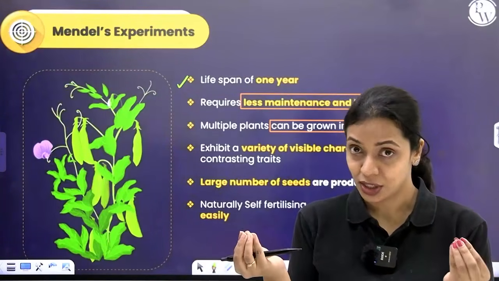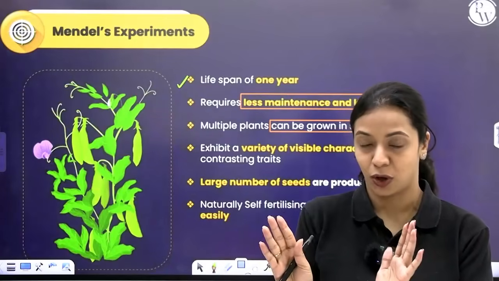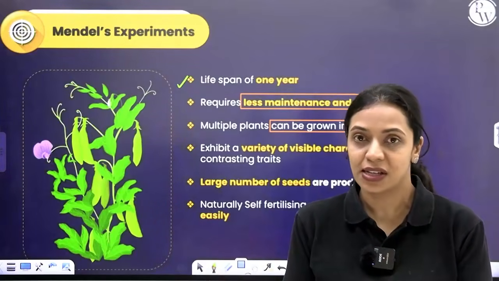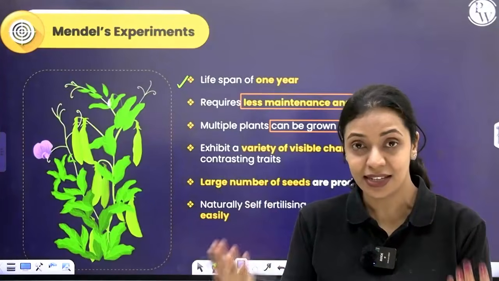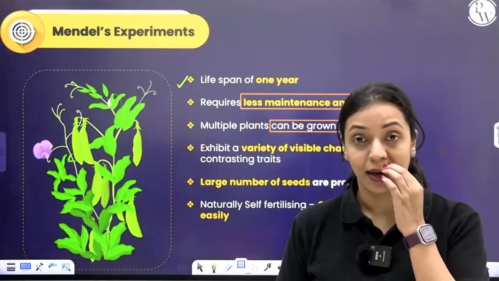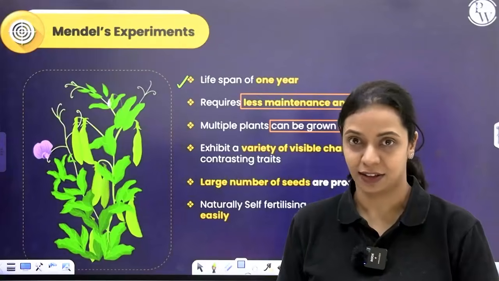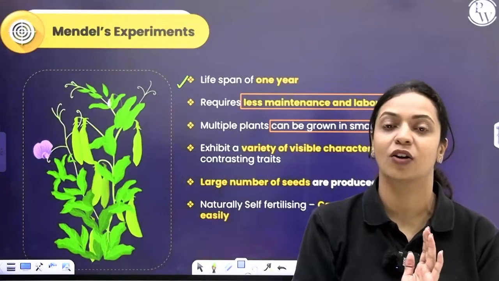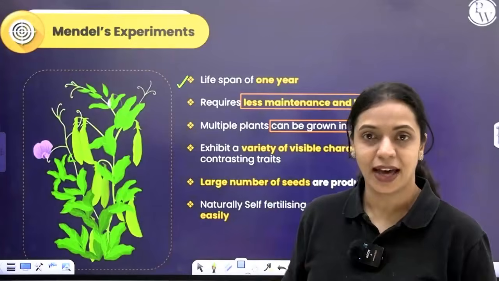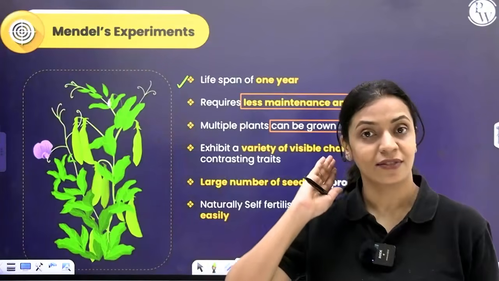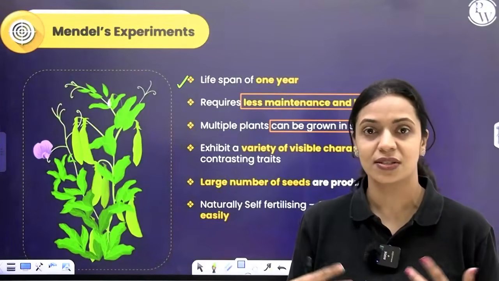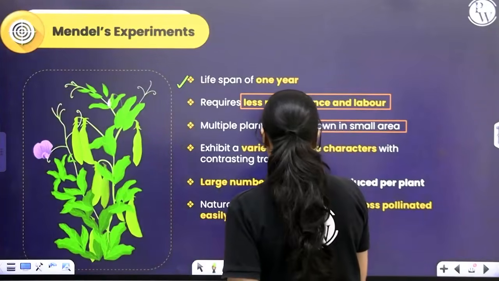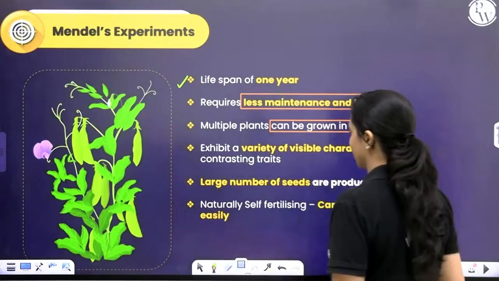It's not like light orange, dark orange, where there is not much contrast. Violet and white are very easily distinguishable. The color of the seed, either it's yellow or it's green, very easily distinguishable. It's not like light green and dark green. That is a difference, but it's not very contrasting. It's not like a stark contrast there. But there are many characters in the pea plant which are highly contrasting, which is useful for our studies. Okay, so it had a lot of variety of characters that were contrasting.